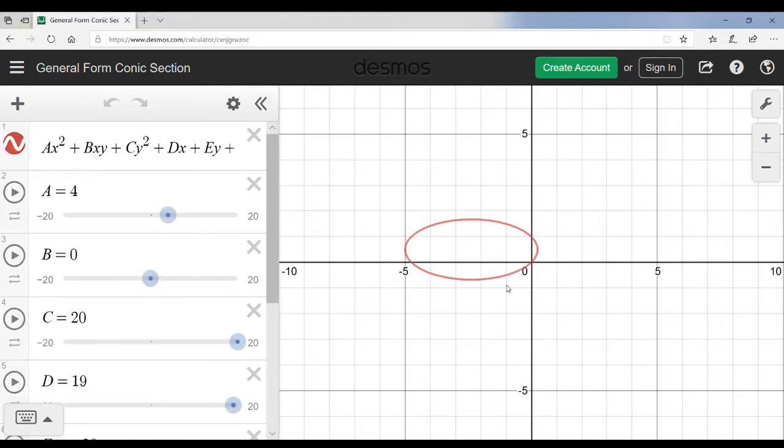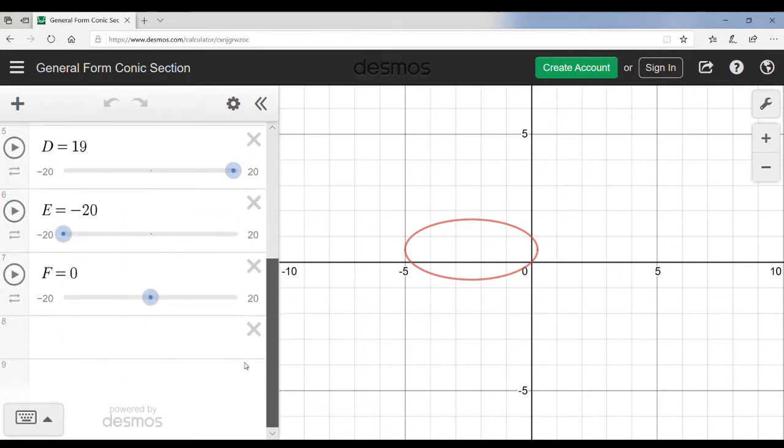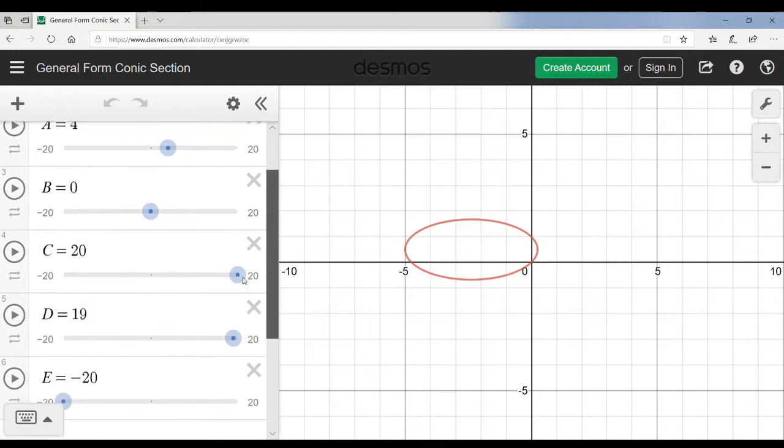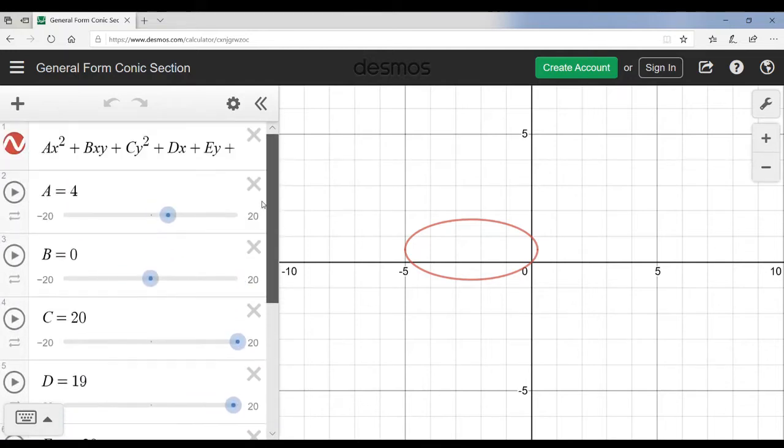Okay, and so you can see that I have set up a bunch of sliders here, and they all have the ability to change a bunch of values. So if I change my A, for example, you can see that it changes my ellipse, right?